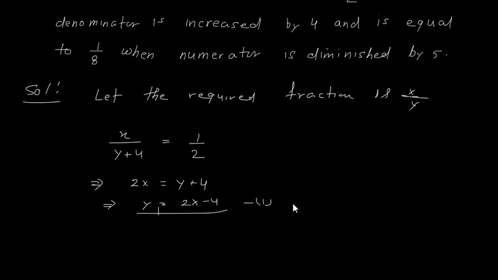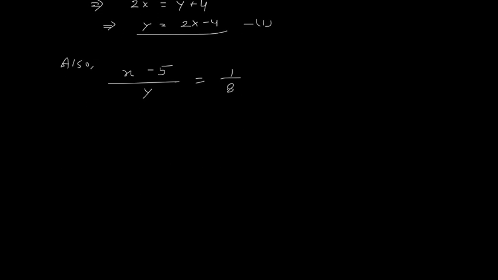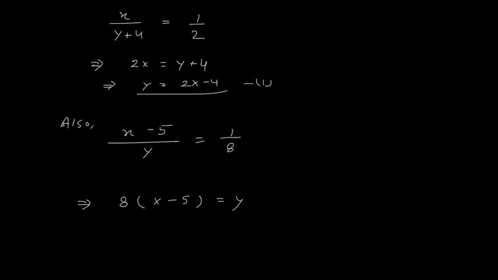And it becomes 1 by 8 when the numerator is diminished by 5. So when x becomes x minus 5, as per the condition, when x is diminished by 5, my fraction will become 1 upon 8. So this implies 8 times x minus 5 is equal to y. So the value of y is 2x minus 4 in equation 1, and it is 8 times x minus 5 in equation number 2.